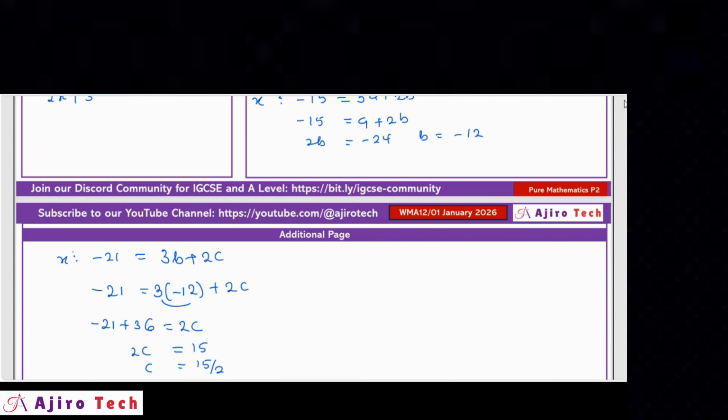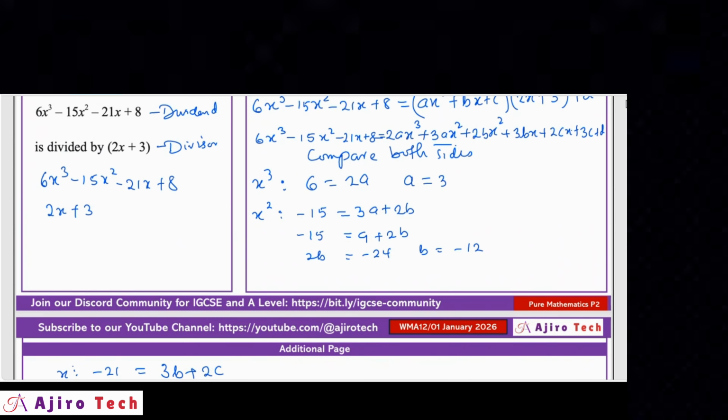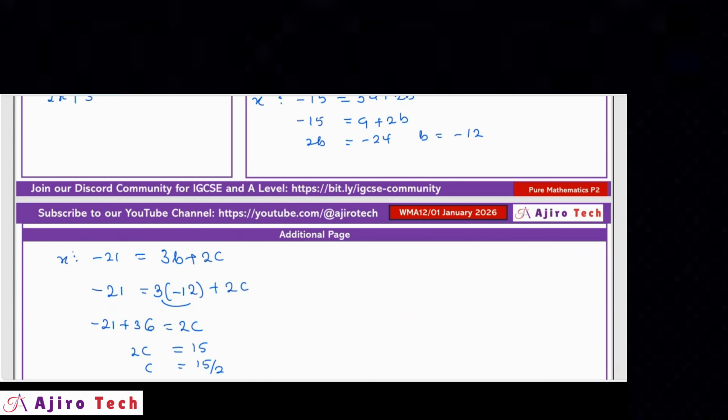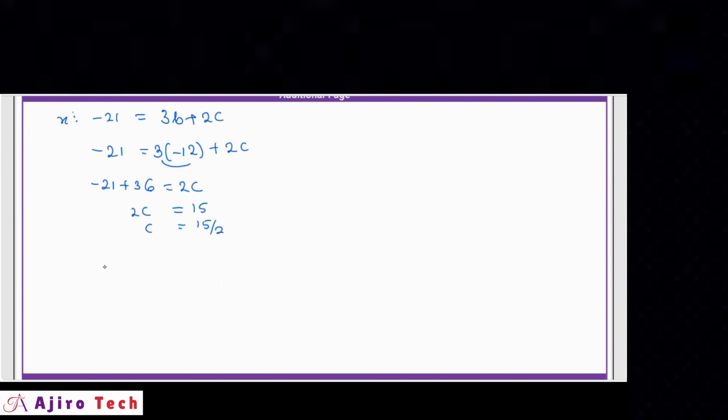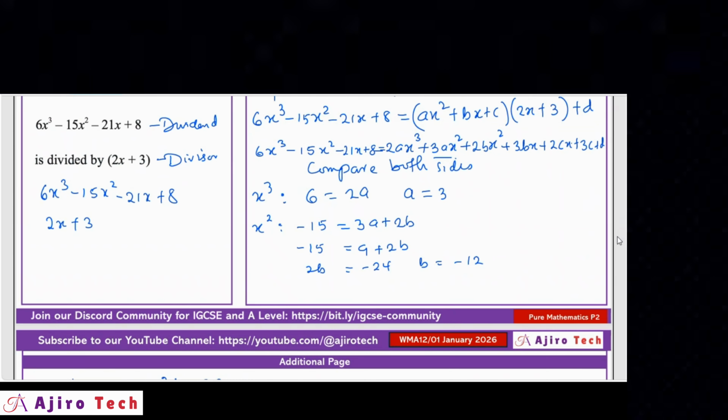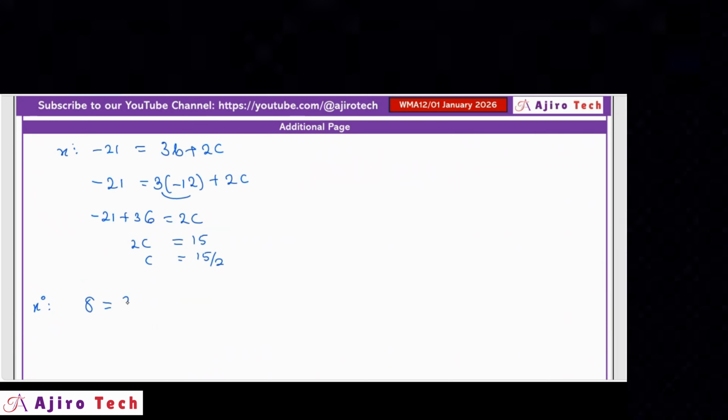So we need to get our remainder. So we have the constant term to be plus 8, and here we have it to be 3c plus d. So the constant term here, 8, equals 3c plus d. We have our c to be 15 over 2.